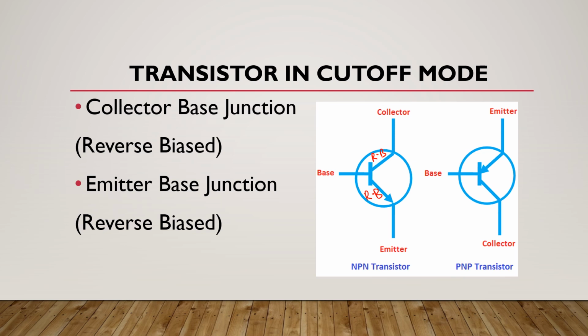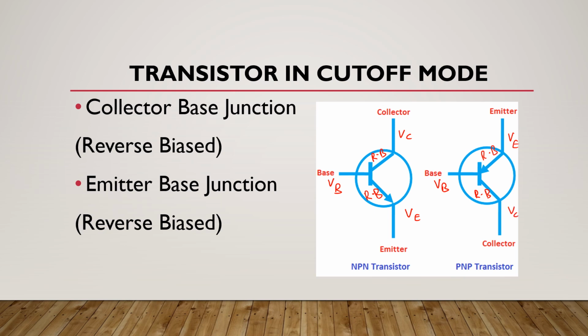Similarly, in a PNP transistor, this emitter base junction is reverse biased and this collector base junction is also reverse biased in cutoff mode. We know that here we have VC, here we have VB, and here we have VE. Similarly, here we have VB, here the voltage is VE, and here the voltage is VC.